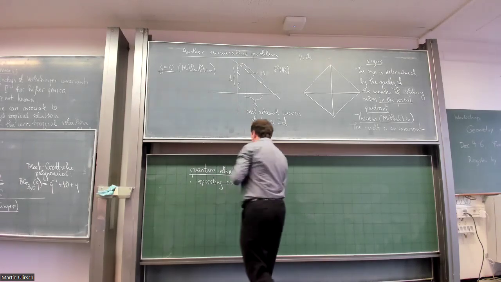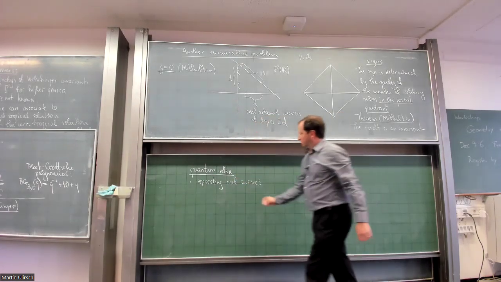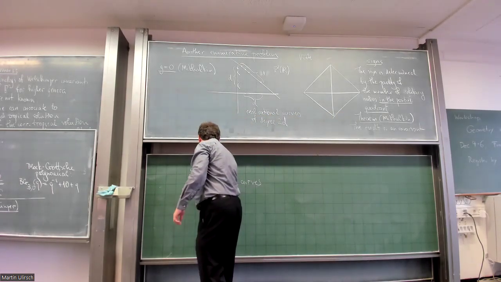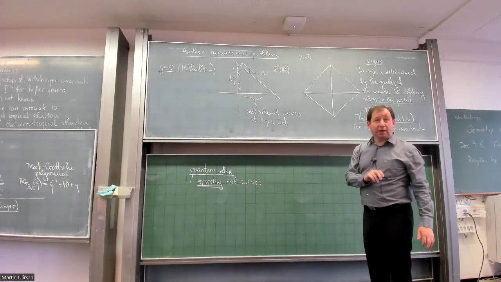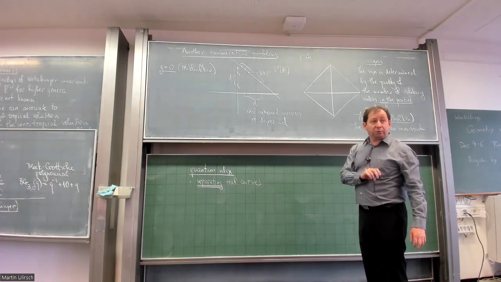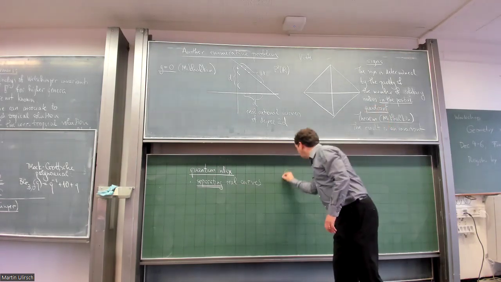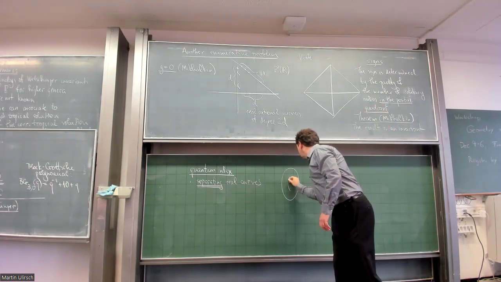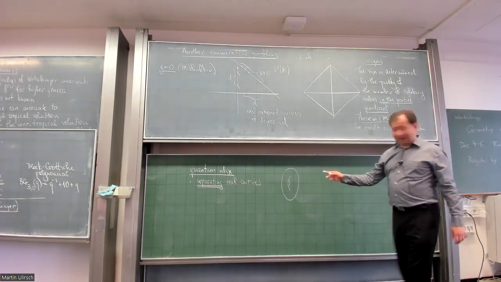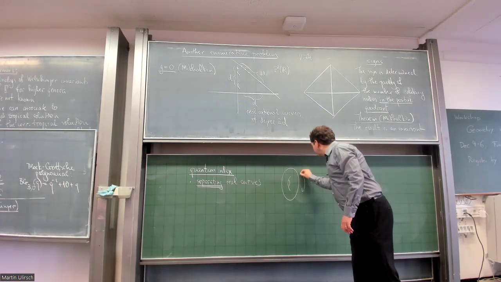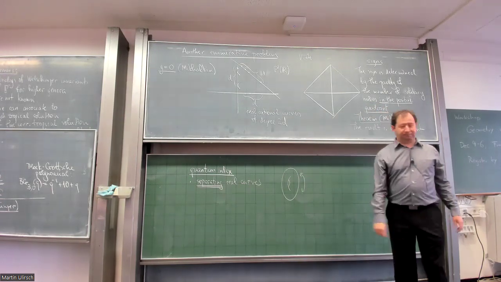So what does it mean to be separating for a real curve? Okay, let's start with a Riemann surface equipped with an anti-holomorphic involution. So you have a Riemann surface. This is the most complicated Riemann surface I can draw. And this surface is equipped with an anti-holomorphic involution.